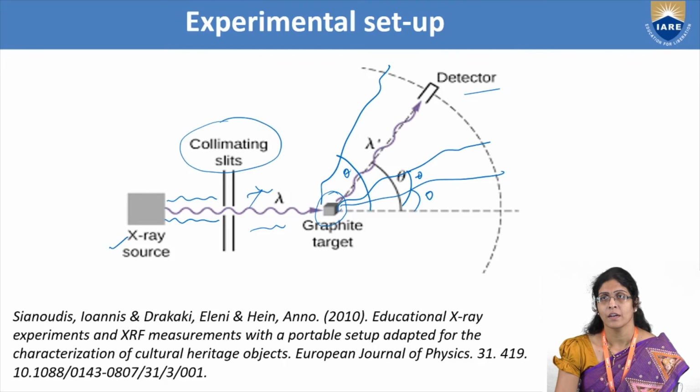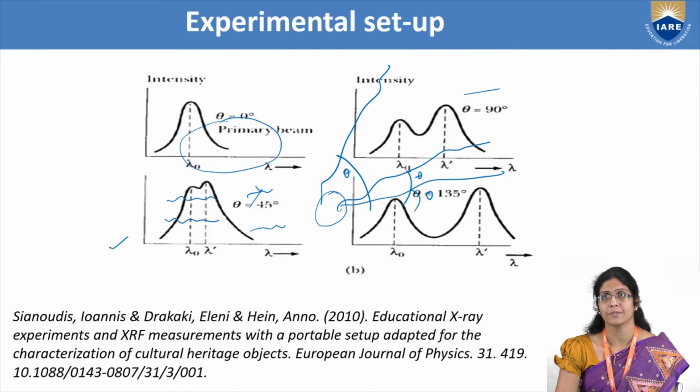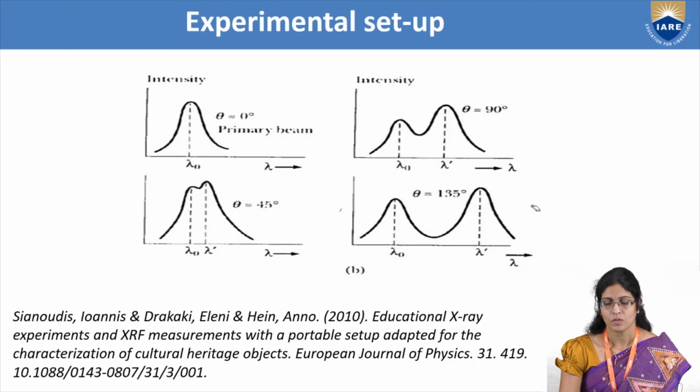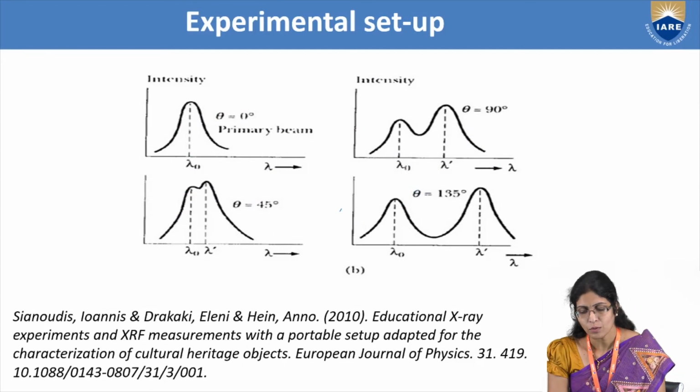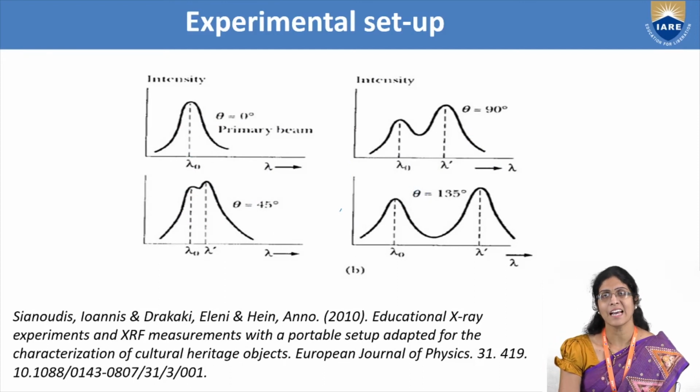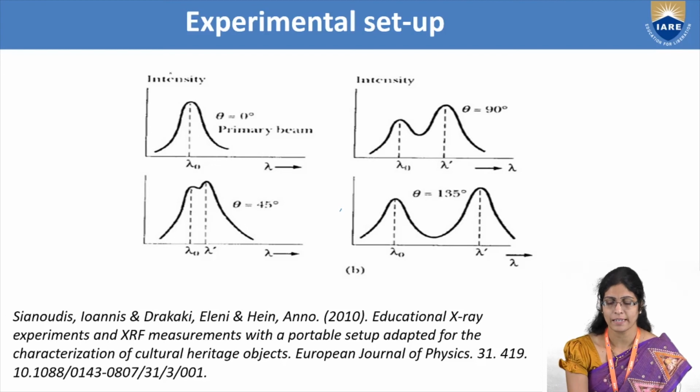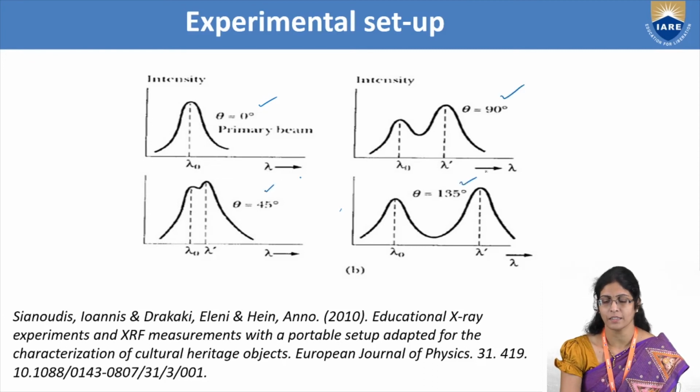Now for every value of the scattering angle, he plotted graphs of intensity along the y-axis and wavelength along the x-axis. He took theta equal to 0 and increased the scattering angle to 45, 90 and 135.